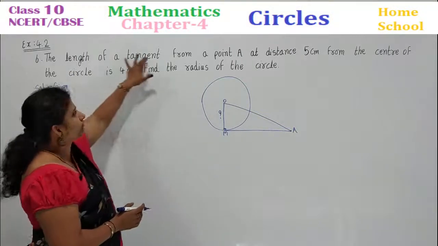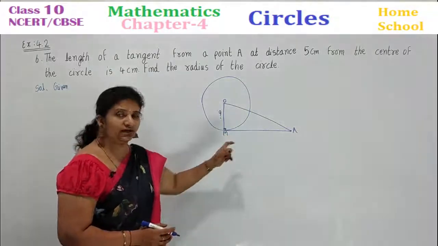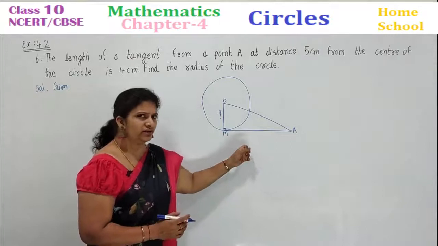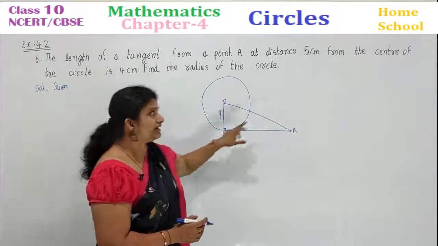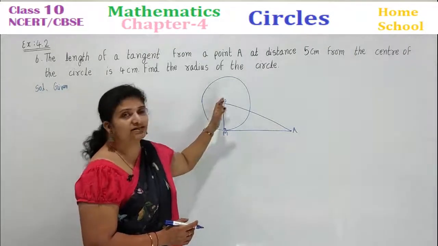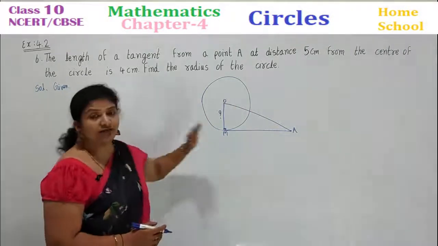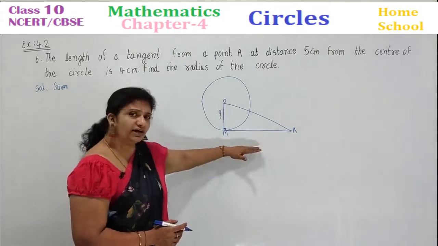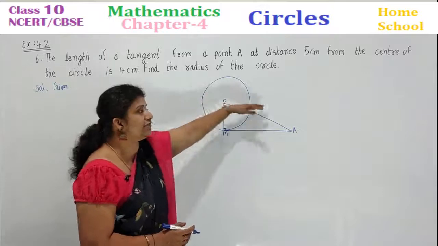The length of the tangent. We are talking about the length of the tangent. What is the length of the tangent? From a point A at a distance 5 centimeters from the center. Here we are saying first the length of the tangent, but that point is at a distance from the center of 5 centimeters.